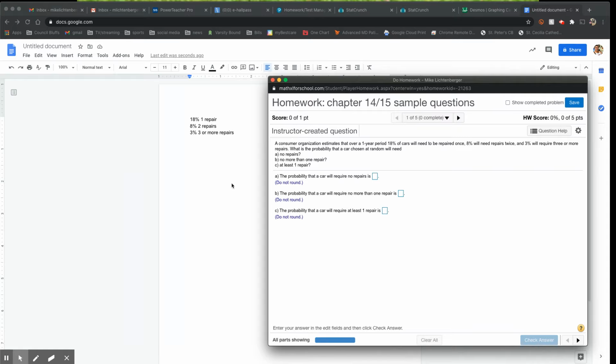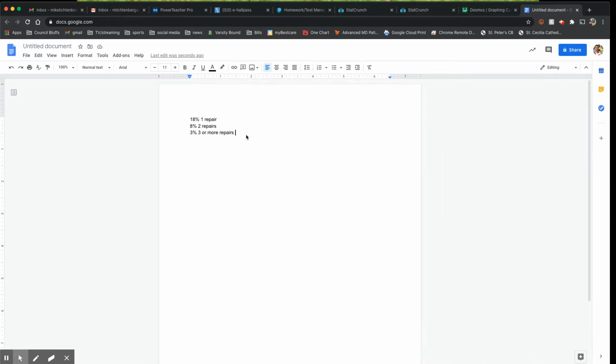What is the probability that a car chosen at random will need no repairs? So if I add all of this up, 18 plus 8 is 26, so that's 29% total. 29% total so far need some sort of repair, and I just got that by adding up those.